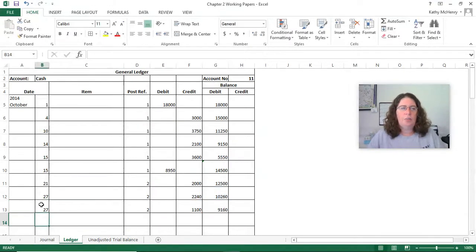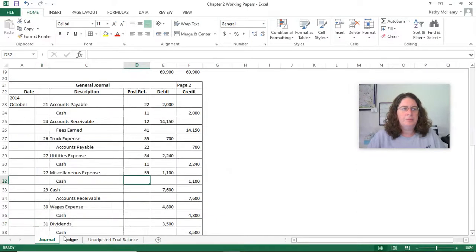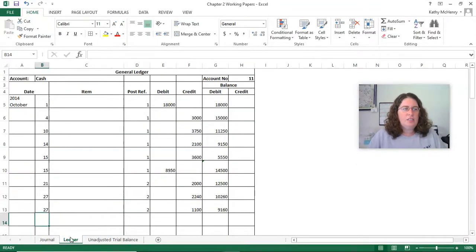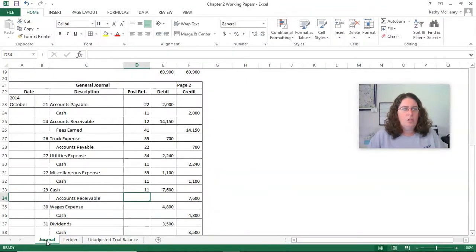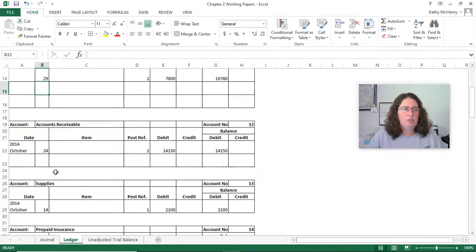Again, subtracting our balances. On the 29th, we had a debit to cash for $7,600. Since we have a debit balance, we're going to add those two numbers together. And we had a credit to accounts receivable for $7,600.